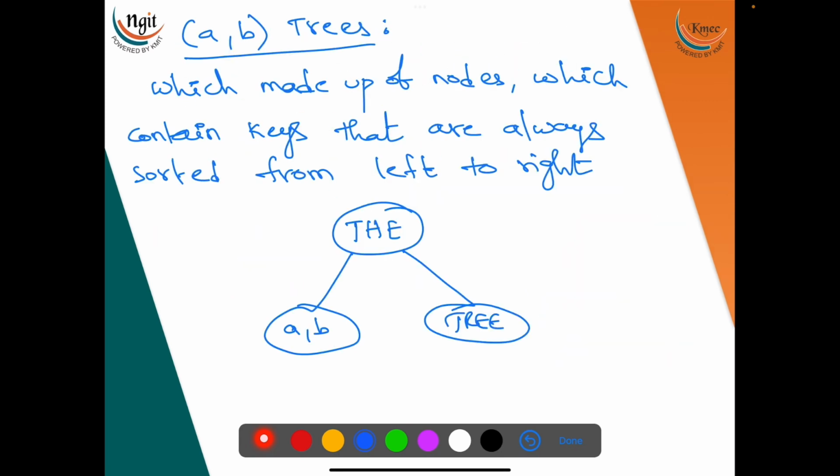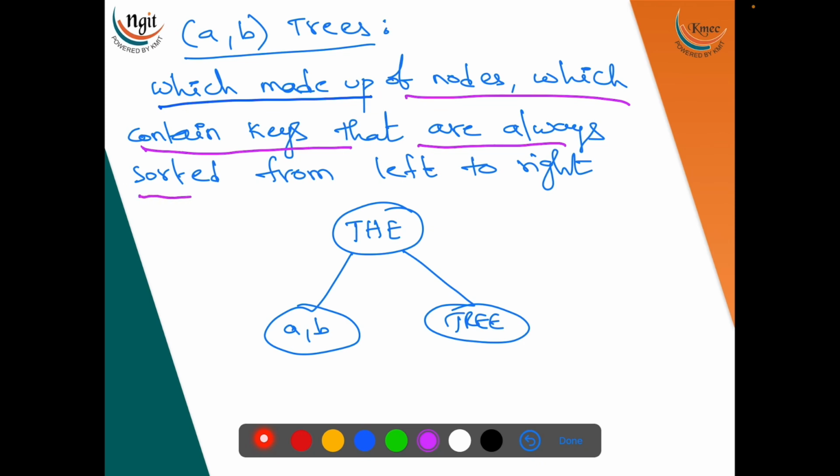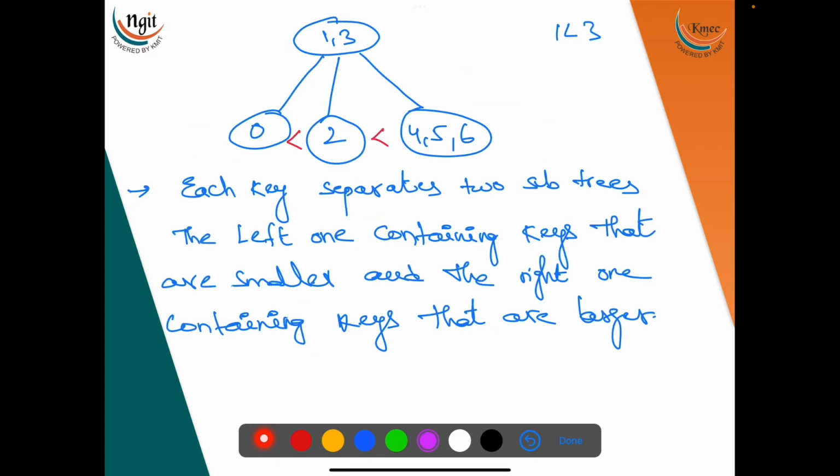Now, an (a, b) tree is made up of nodes which contain keys that are always sorted from left to right. This is a simple symbolic representation of the (a, b) tree. Let's understand it with an example.